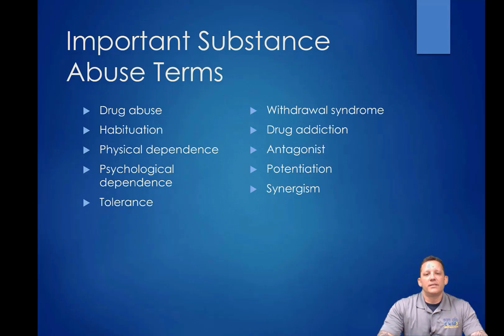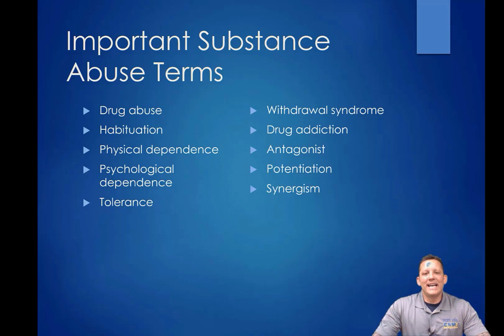Drug addiction is literally just as simple as it sounds. You have developed a habit and either a physical or a psychological dependence on the particular compound. And again, it's interfering with your day-to-day activities or the ability to be happy without that compound.